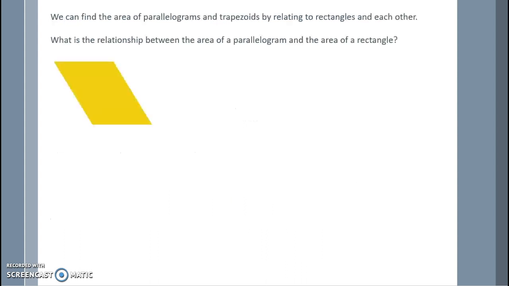What is the relationship? We can find the area of a parallelogram and trapezoid by relating to rectangles and each other. What is the relationship between the area of a parallelogram and the area of a rectangle? Notice I kind of cut down the middle here, like so.